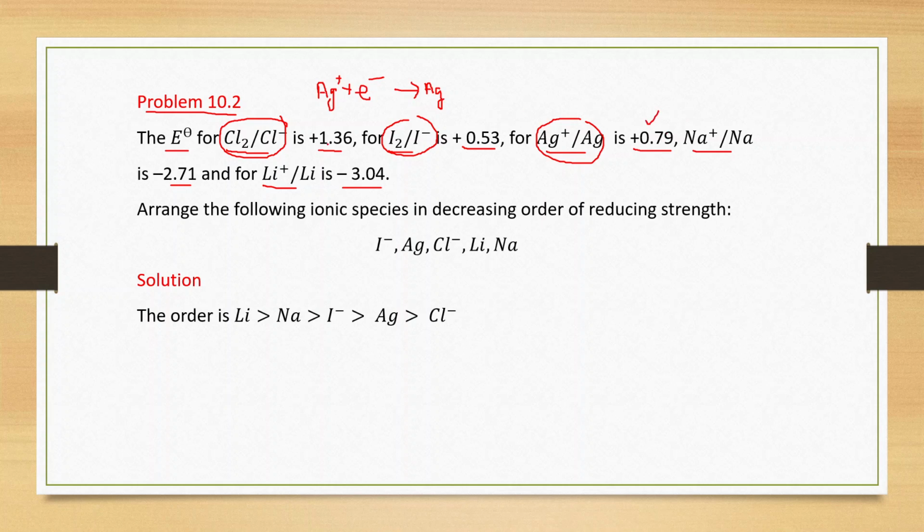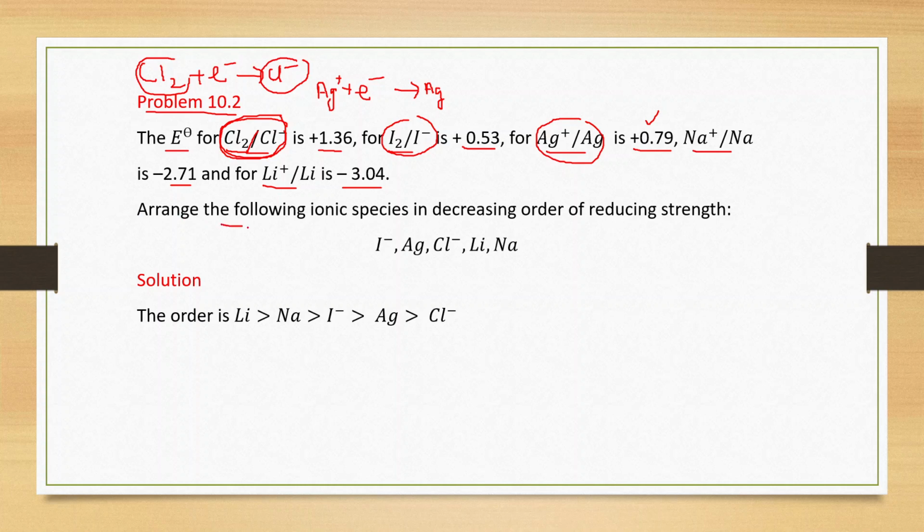In the same way, for Cl2/Cl-, Cl2 gains the electron and converts into Cl-. So in this combination, one is the reduced form and the other is the oxidized form. If the oxidized form and reduced form are separated by this slash, then this is known as a redox couple. So for different redox couples, standard electrode potential values are given.